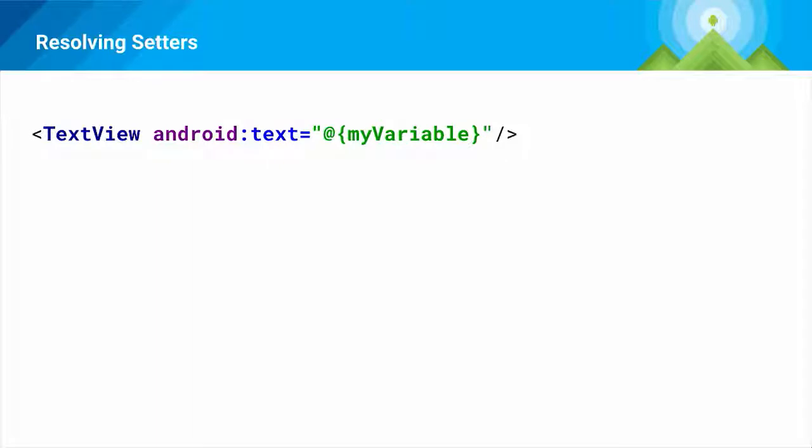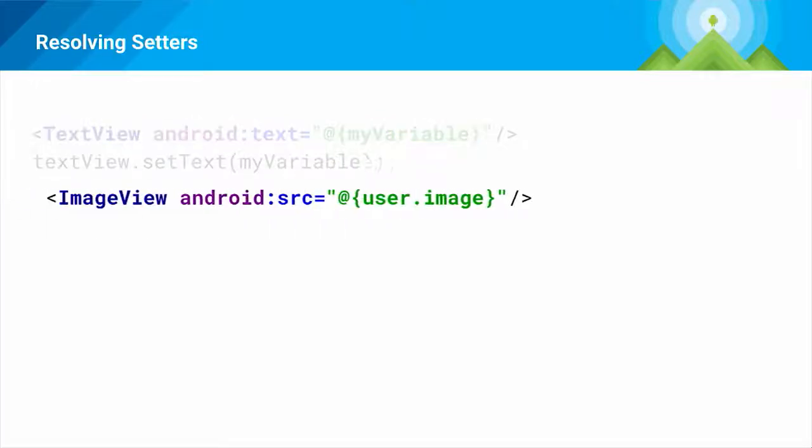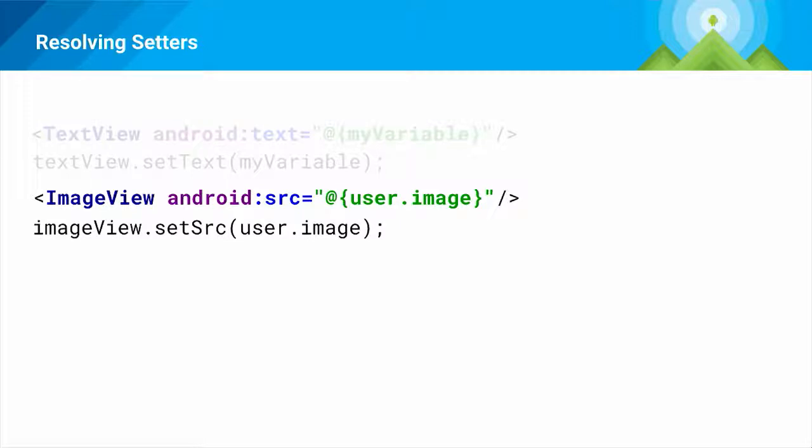But it's not that trivial, right? That example was simple. You say I have my variable, set it as text. That's straightforward. But you say it's the user.image, the source, I call setSource, which does not exist. This is a problem because the image view doesn't have a setSource method. It has a source attribute, but it's a setImageDrawable method where you can pass a drawable. How does data binding know about this?